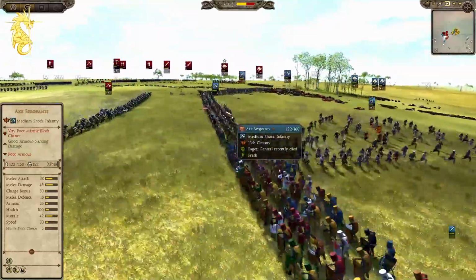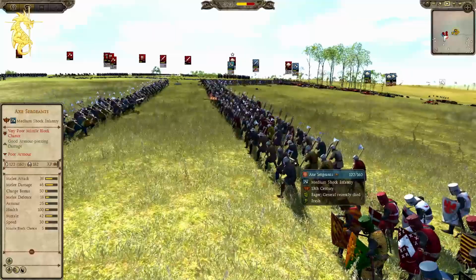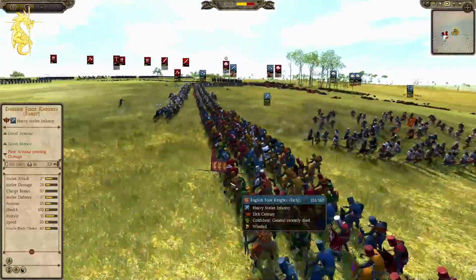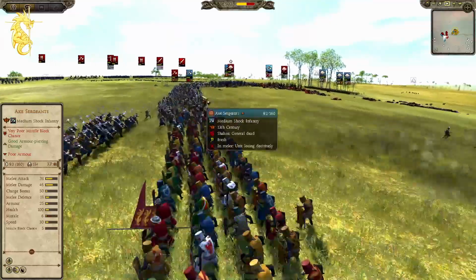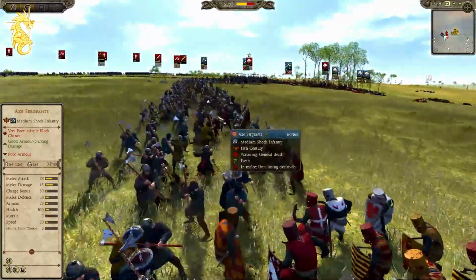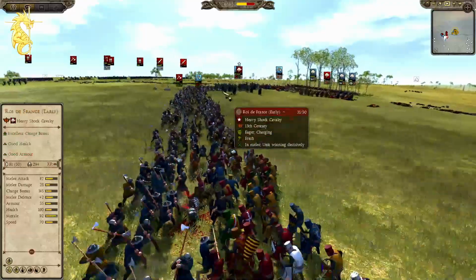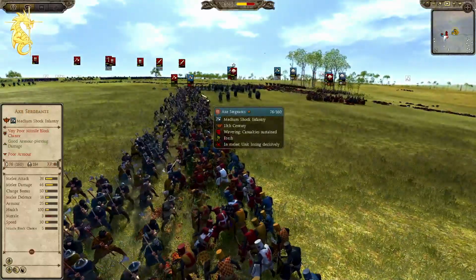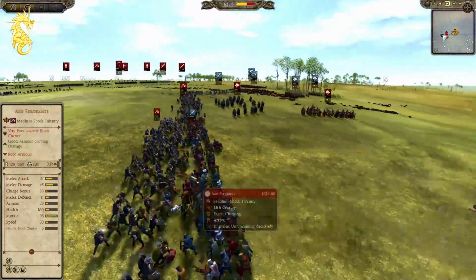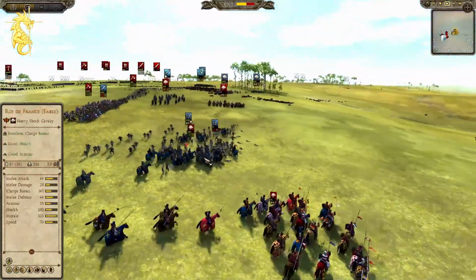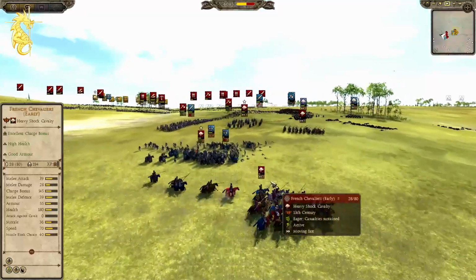Now they are going to be taken on by other axe sergeants and some English foot knights. So that one's probably going to lose up there. Although the English side did not get a charge, so never mind. They did not countercharge. Really needed a countercharge there if you were England. That's actually a really big oof.